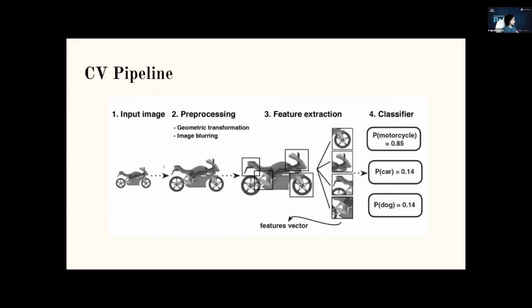If this is the input image, you need to apply some kind of pre-processing, like geometric transformations, to highlight what you really want to understand, because it might be just a part of the image and not the entire image. There could be a lot of noise, background clutter, and many other features which are not your focus.